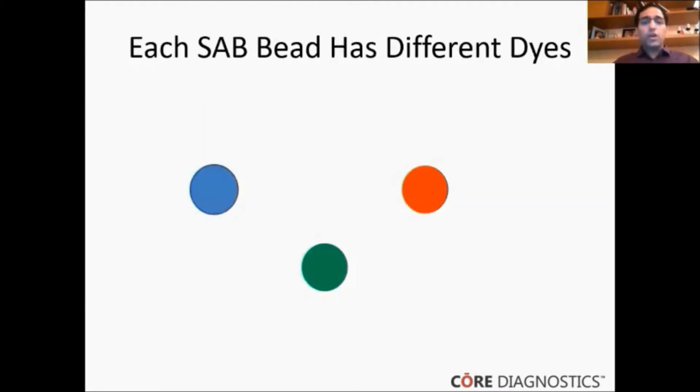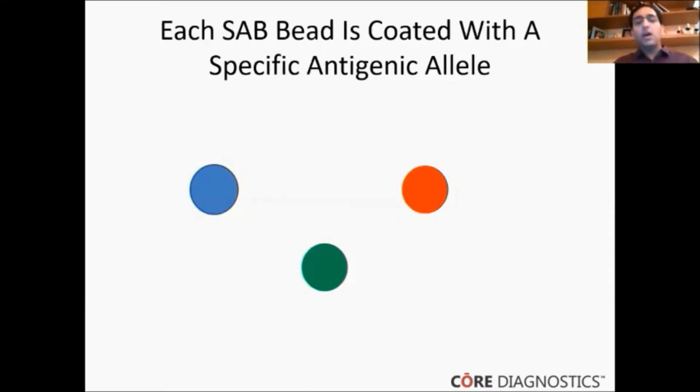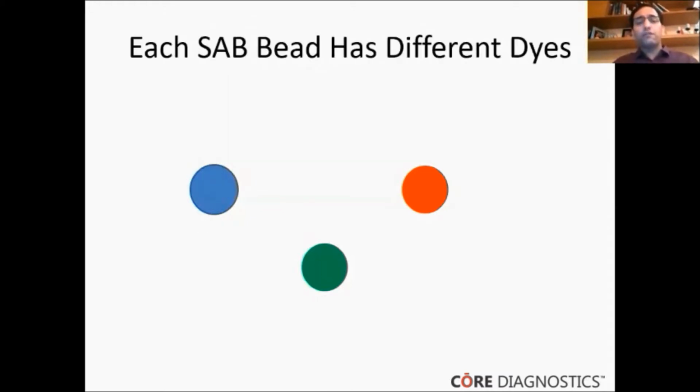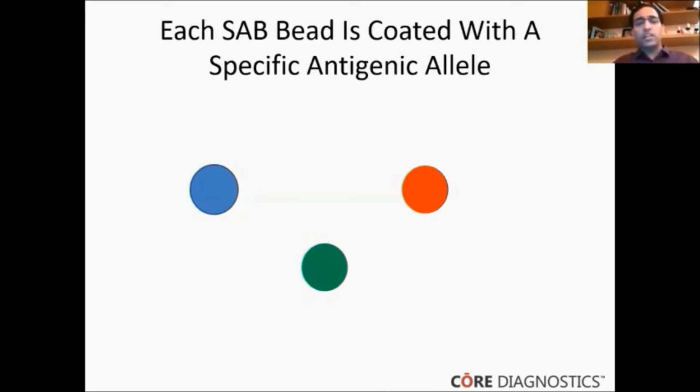Okay, so now let's talk about the single antigen bead. The single antigen bead is a collection of beads made by two different manufacturers. Each one has their own bead panel. But at the crux of it are these beads, which are each of a different dye and a different color. And then each one gets coated by a specific antigenic allele.